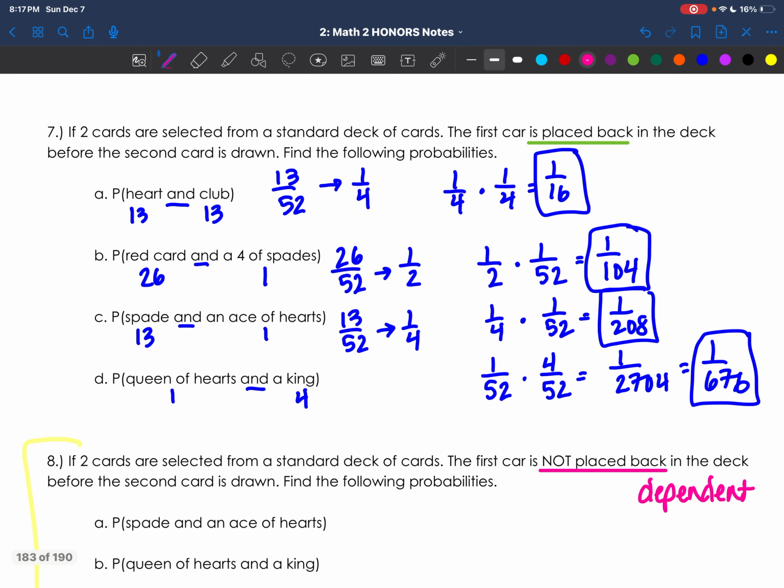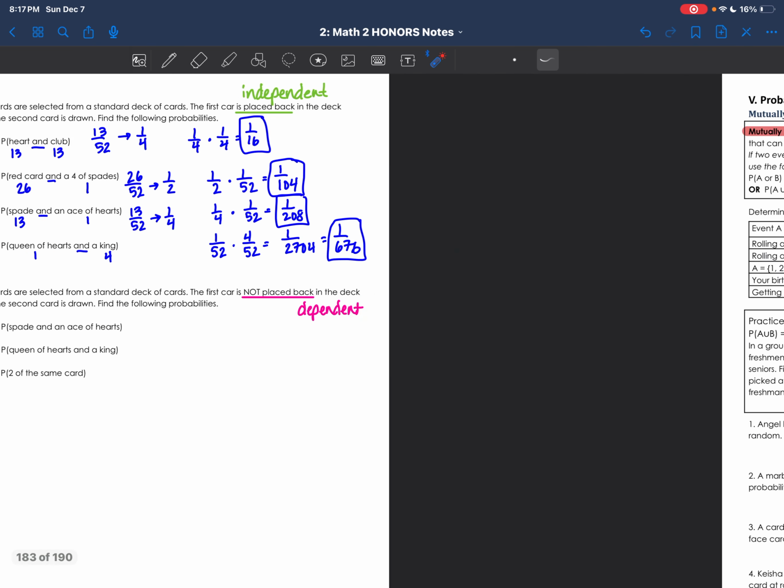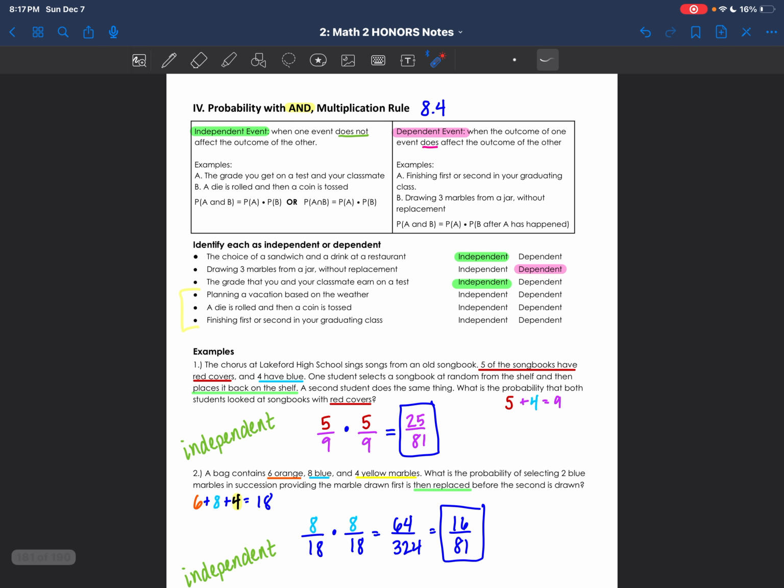And then this up here, I didn't write it, but this is independent because it's placed back. All right, so go ahead and I want you to try those. And then that is probability with and. Remember, independent does not affect the outcome of the other. Dependent does affect the outcome of the next.